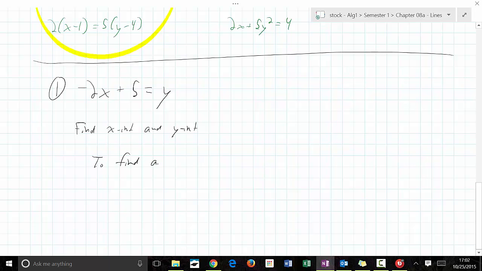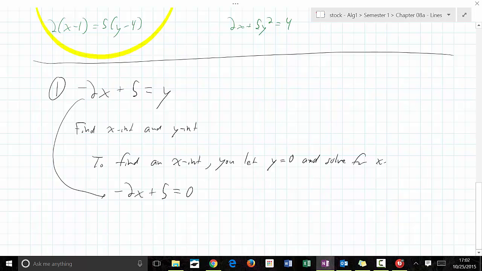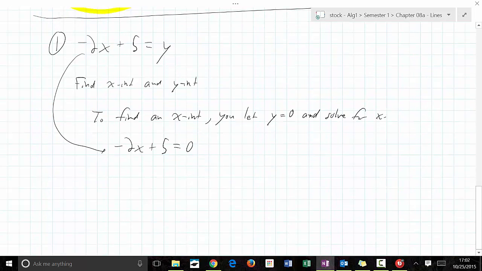To find an x-intercept, you let y equal 0 and solve for x. So to do that, I'm going to take this equation and substitute 0 for y. Then I'm going to solve for x.